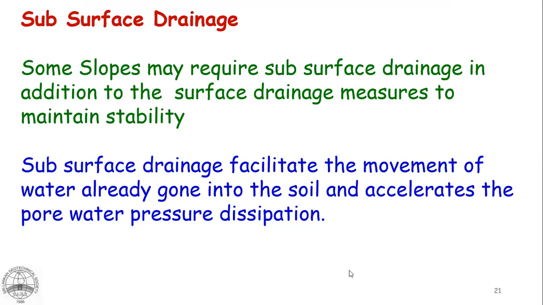In certain situations with a low groundwater table, right, we may be able to enhance the stability to an adequate level with surface drainage only, but not always. In many sites, we have to install subsurface drainage in addition to the surface drainage measures.